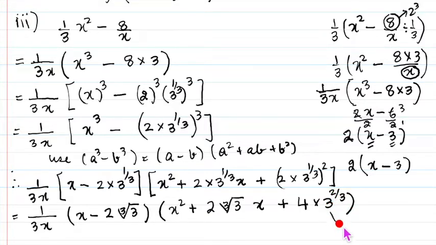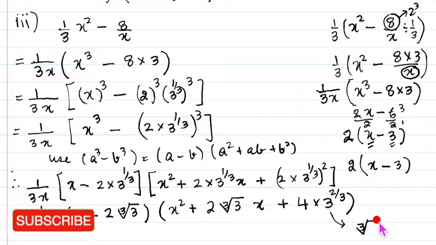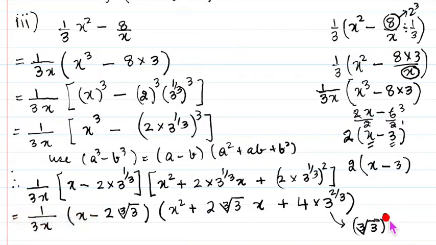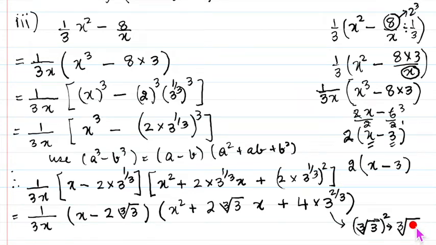Now this you could also write as cube root of 3 square. Okay, like this. But I would prefer to write it like this. This could also be written as cube root of 3 and square here. Okay, because this will be 3 to the power 2 multiplied by 1/3 power, that will be 2/3, so it will be cube root of 9.